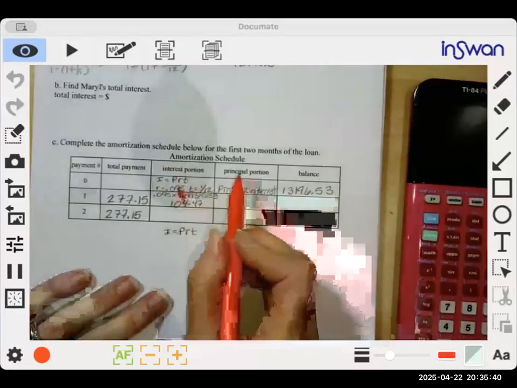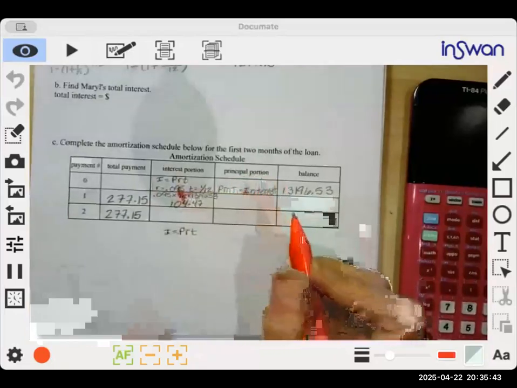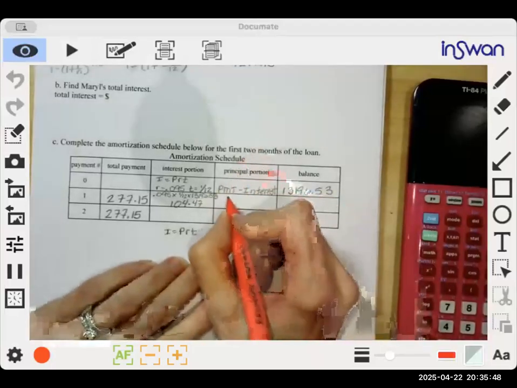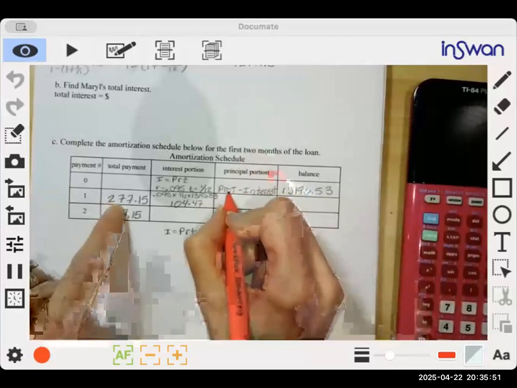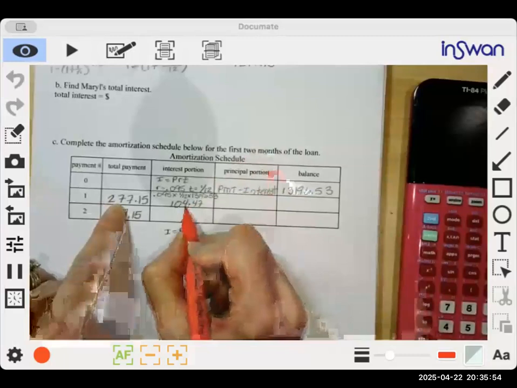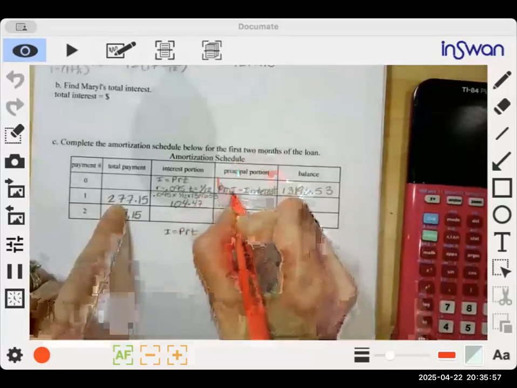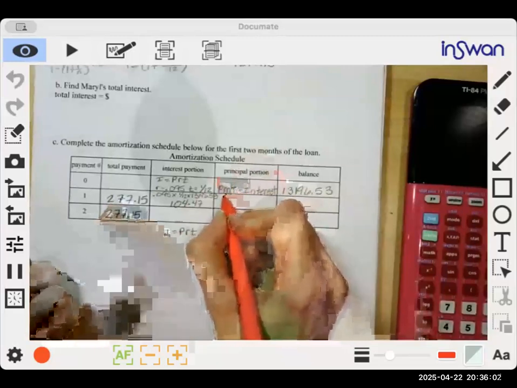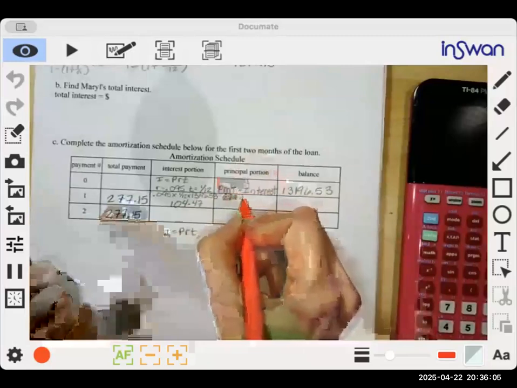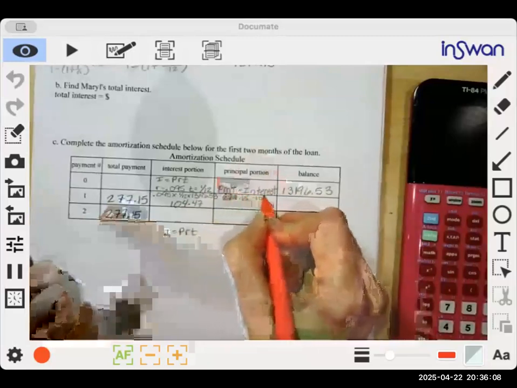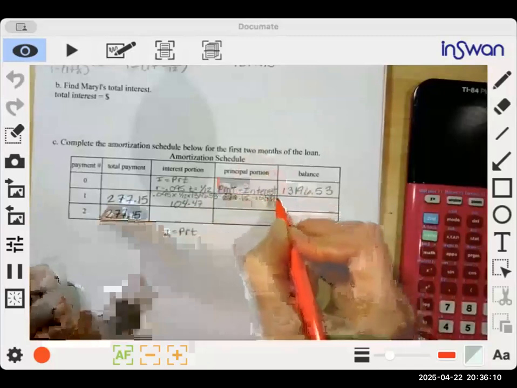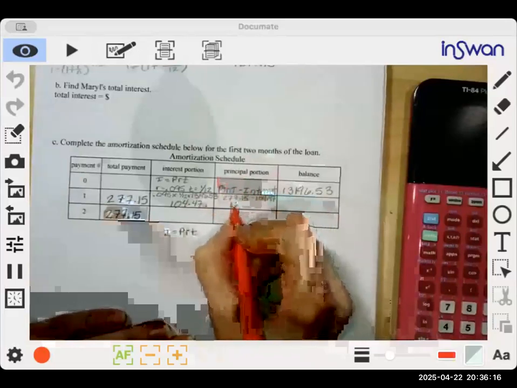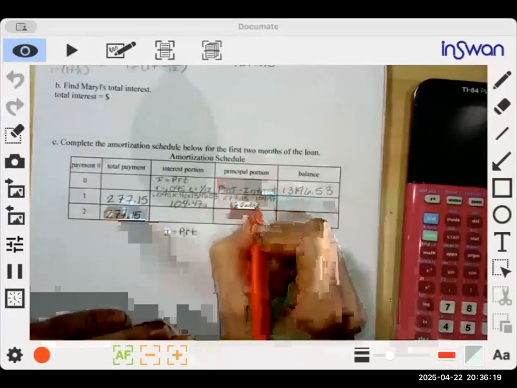How much of it actually goes towards paying off your car now, or whatever it is we bought. It is a car, okay. So we take our payment of 277.15 and we subtract our interest. So we do payment minus interest. So doing that, we will get 172.68.